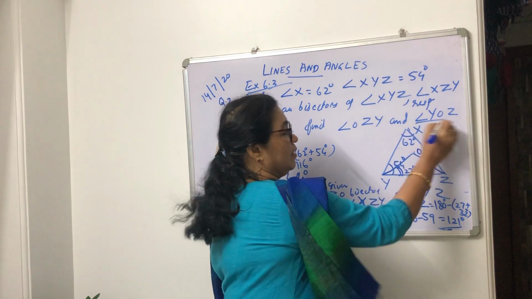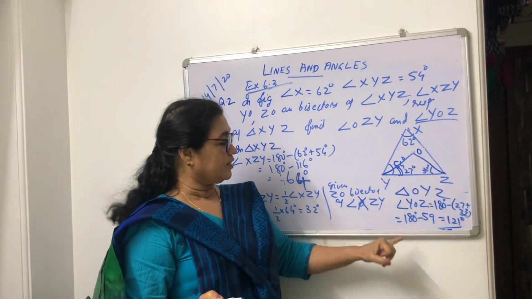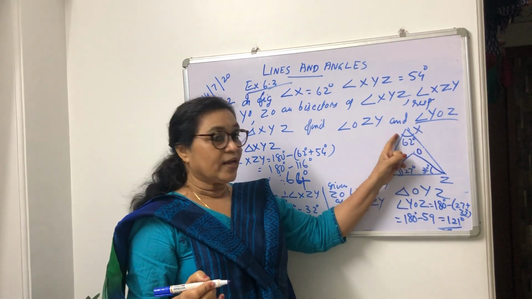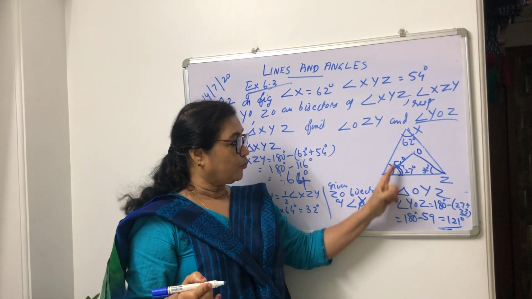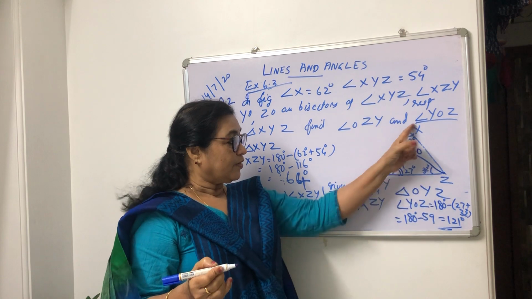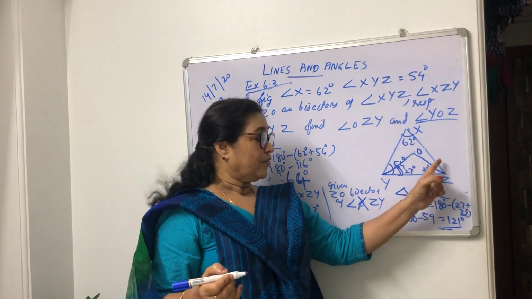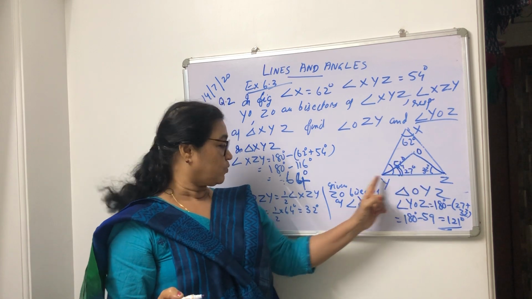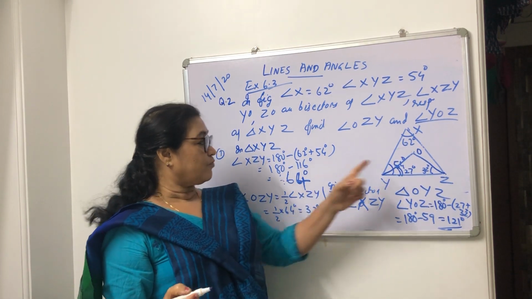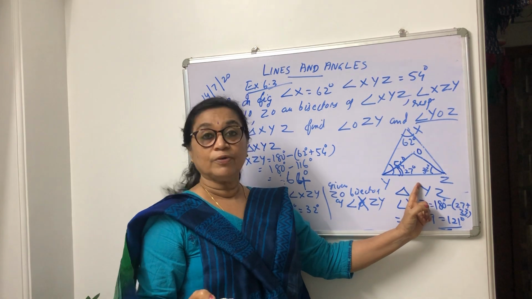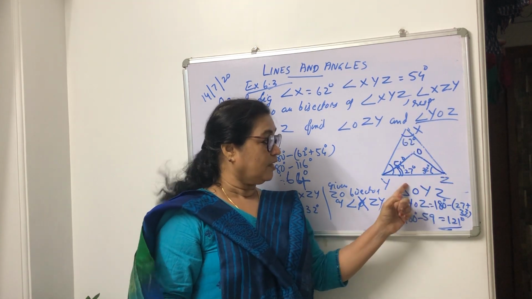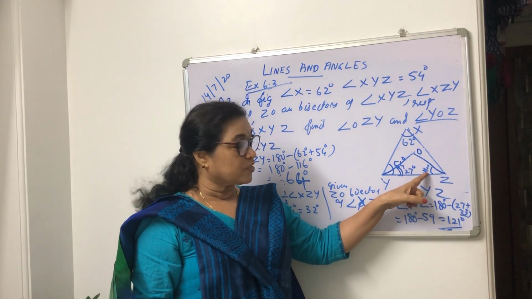Angle OZY is 32 degrees. So once again, this full angle is 64, from triangle XYZ: 180 minus 62 plus 54 is 64. It is given ZO is the bisector of this angle, therefore half of 64 is 32.